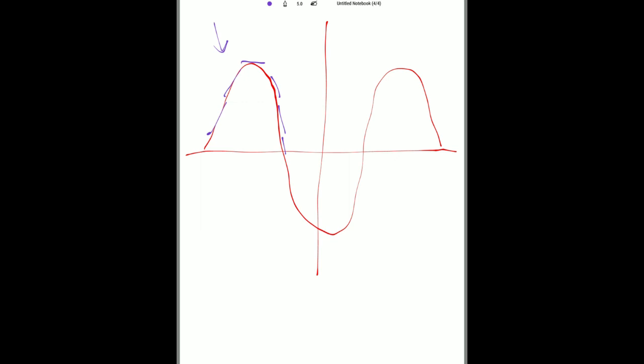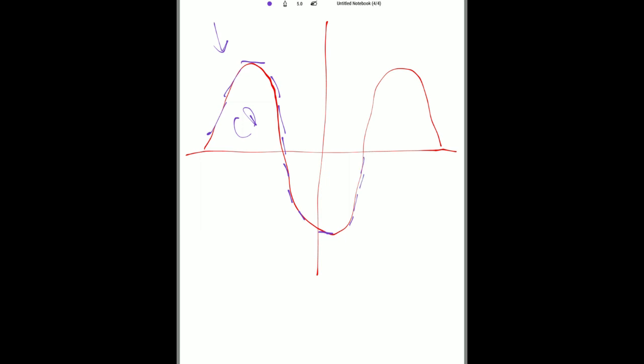We say that this section of the curve is concave down. So you can see that a curve would be concave down if it is increasing and then decreasing. Now, notice here that it continues decreasing, decreasing, decreasing. Stationary point, increasing, increasing, increasing.